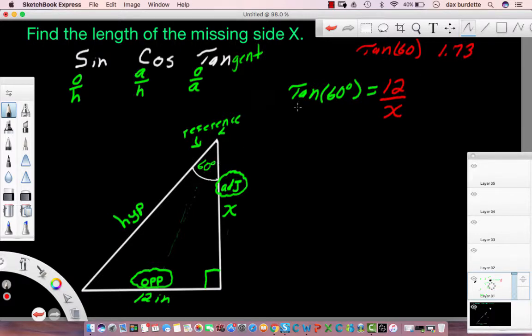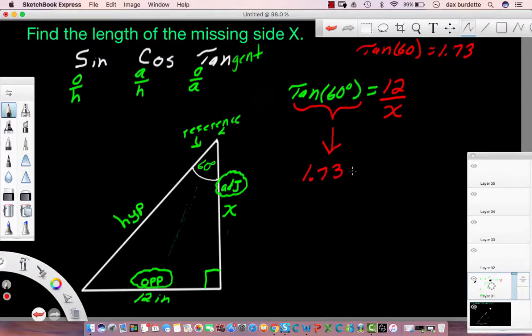If these two are the same, then I'm going to convert tangent 60 degrees to what that calculator told me. Nobody knows these trig functions in their head. You have to utilize a calculator, and I think that's the part you've probably been waiting for, like, what in the world do I do with this? Well, it converts to a number, and in this case, it's 1.73.